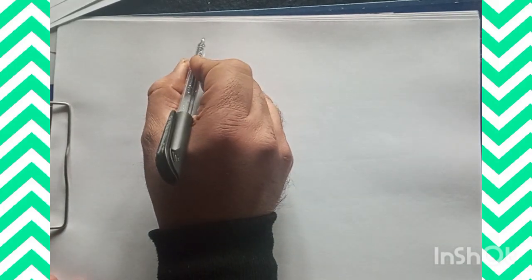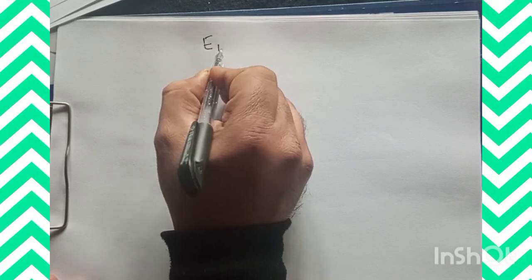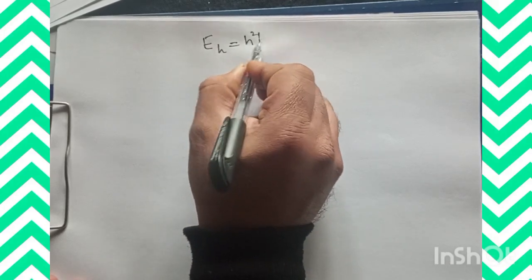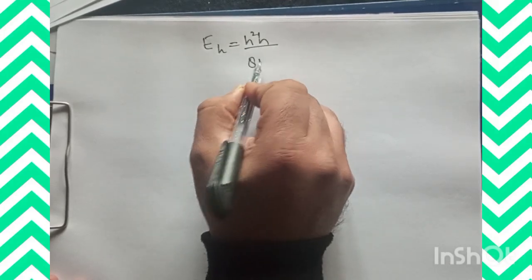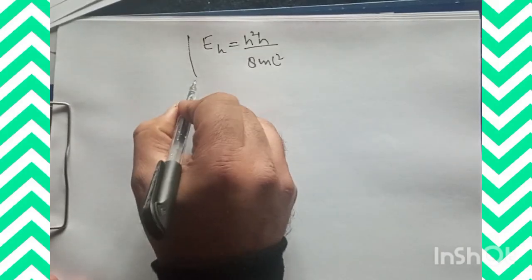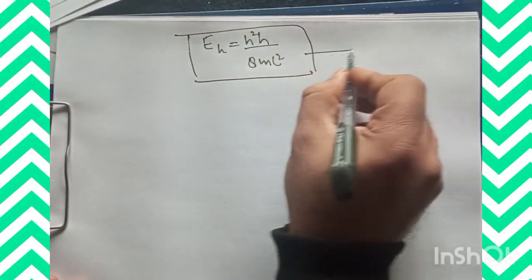Now at the same time, if I go with the general formulation here, En is n square h square by 8 m l square. Now this is the energy of the particle inside the box.